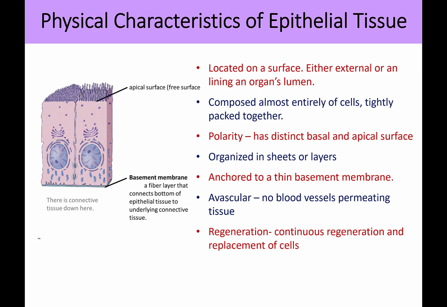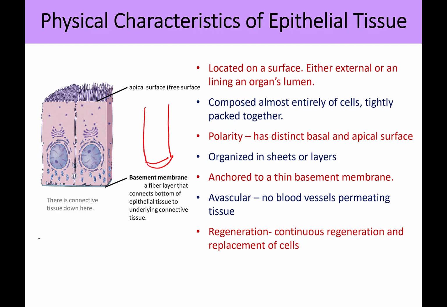Epithelial tissues can also line the organ's lumen as well. The lumen of an organ refers to the empty part of a tube. So if you have something with a tube, right?